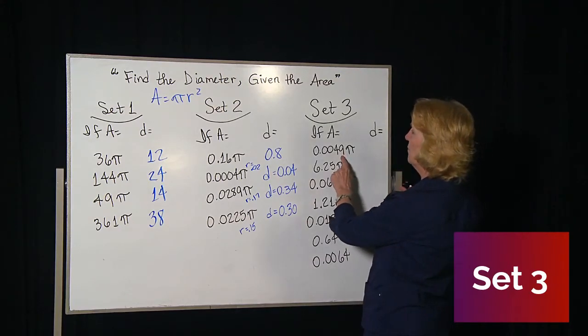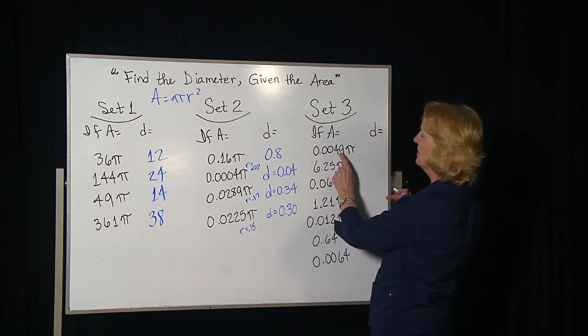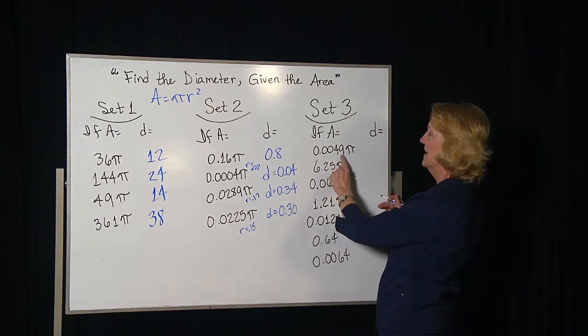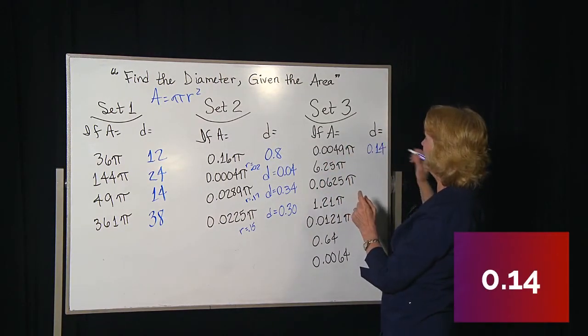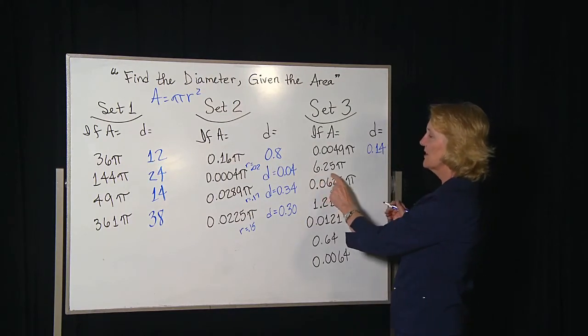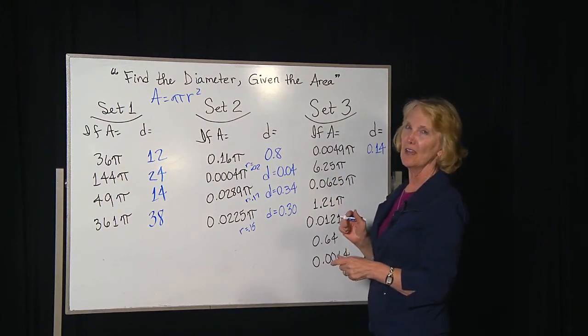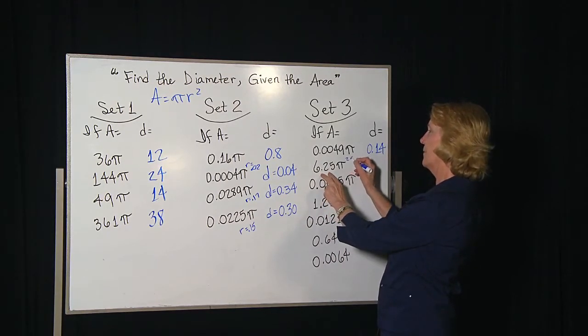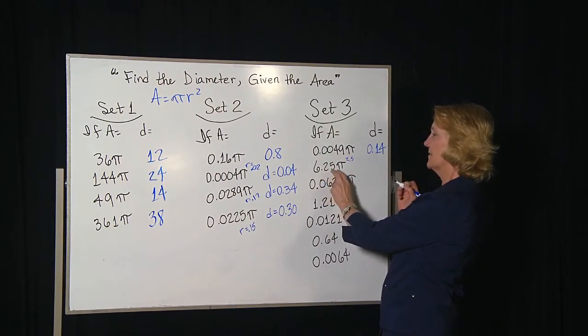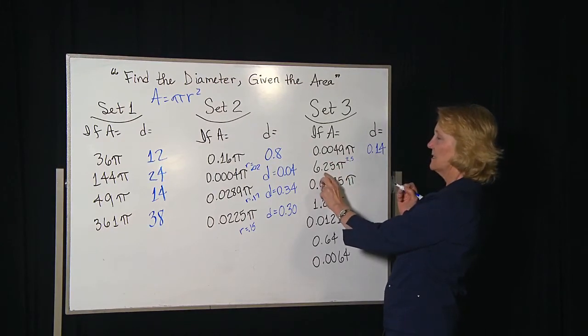What squared gave you 0.0049? Must have been 0.07. Now double 0.07 and you get 0.14. What squared gives you 625? It'd be 25. So we need 25, but we need it to have a decimal because our answer had 2 places behind the decimal.